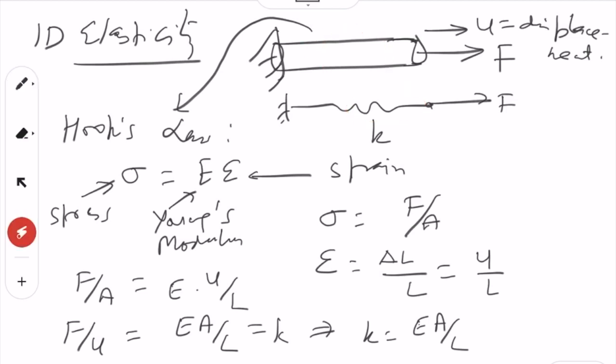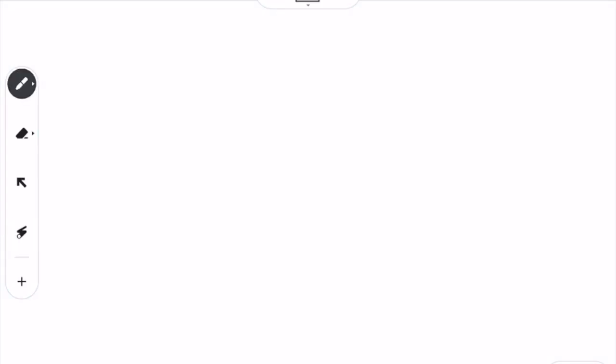If this had the stiffness K, and this is a bar of a uniform area A, and if you apply the force, if K is equal to EA over L, then both will have the same displacement. So that means you can solve similar problems; whatever you solved for the spring, we can do the same thing.